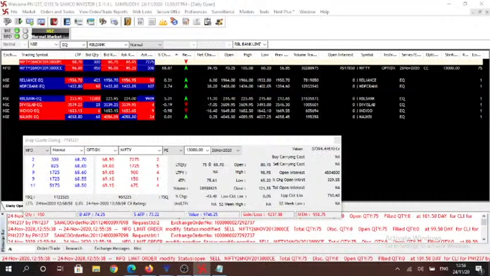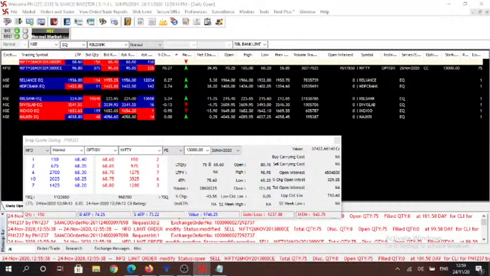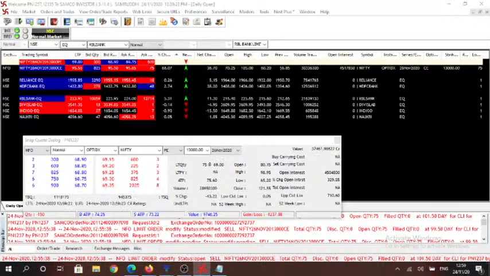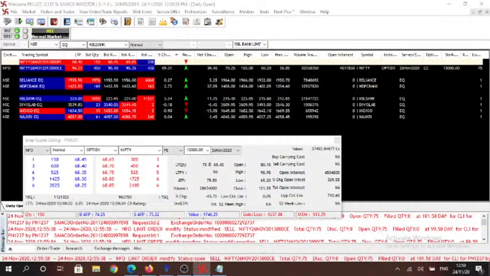The new hourly candle is also about to start at 1 p.m. Let's see. Let's let it come into 68, 67, 66, 65.